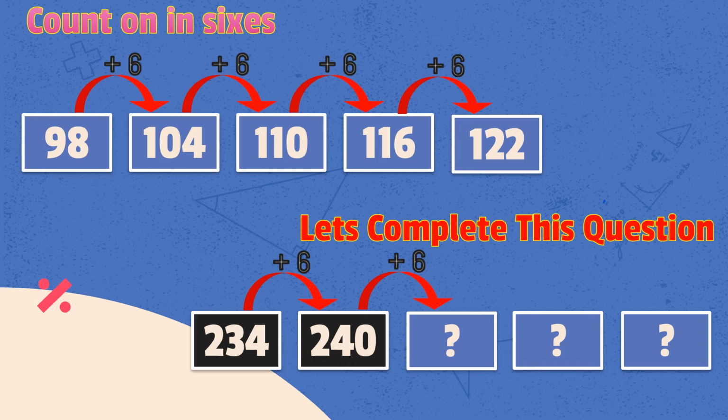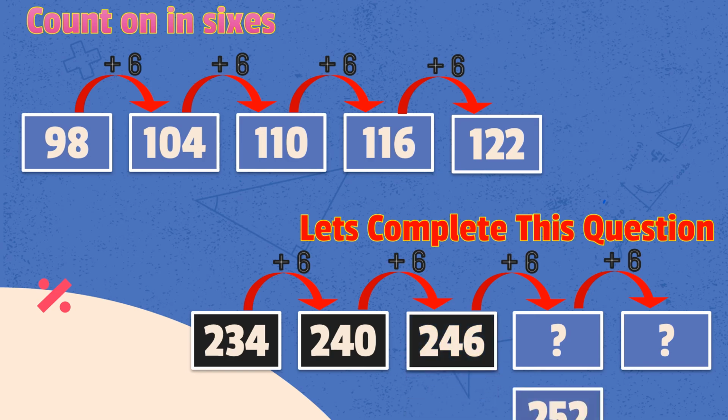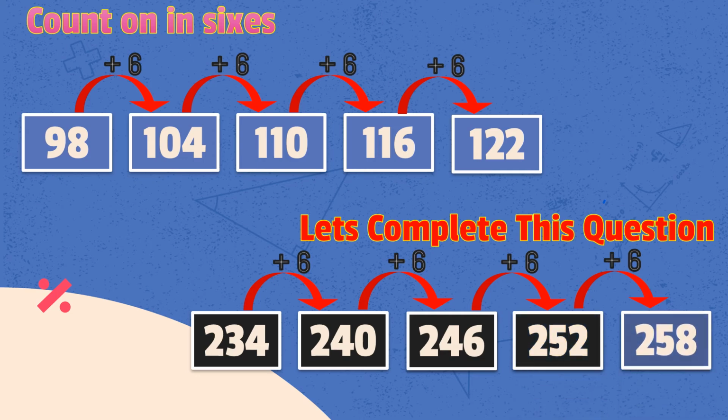That means we add 234 with 6 to get 240. To find these missing numbers, we also need to add 6 between the number sequence. Then add another 6 becomes 246 and 252. Okay.